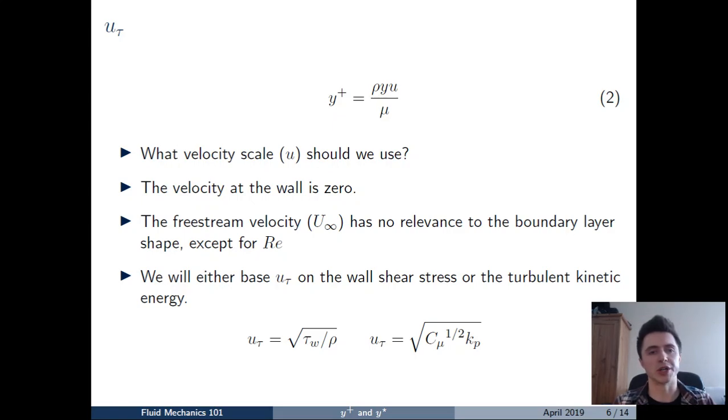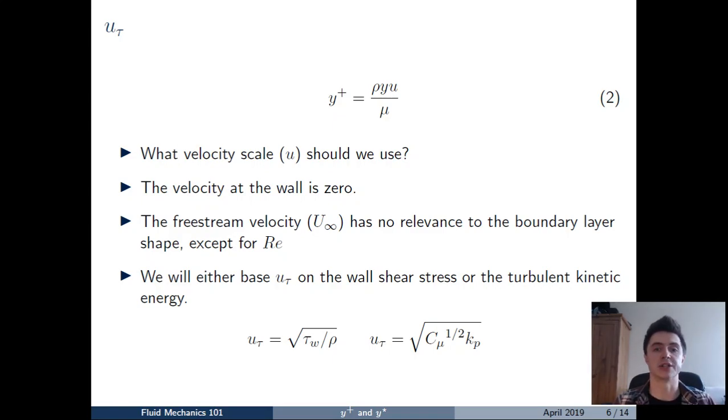So if we start with equation 2, this is the dimensionless metric for the distance normal to the wall, yPlus, and we've got density, a dynamic viscosity, a distance normal to the wall y in global units, and some velocity scale u. Now if we're quite close to the wall, viscous effects are going to be significant, and so we're going to take the dynamic viscosity and the density of the fluid close to the wall for those metrics.